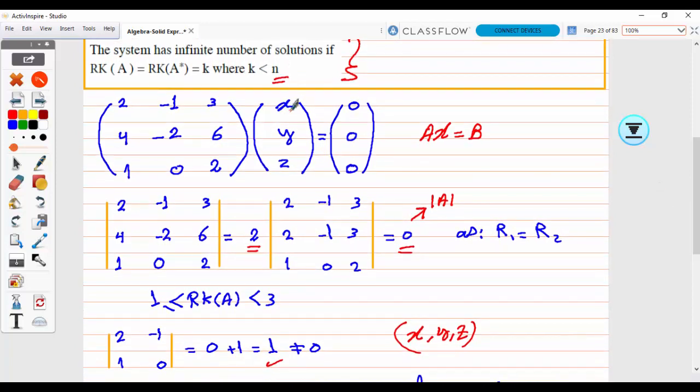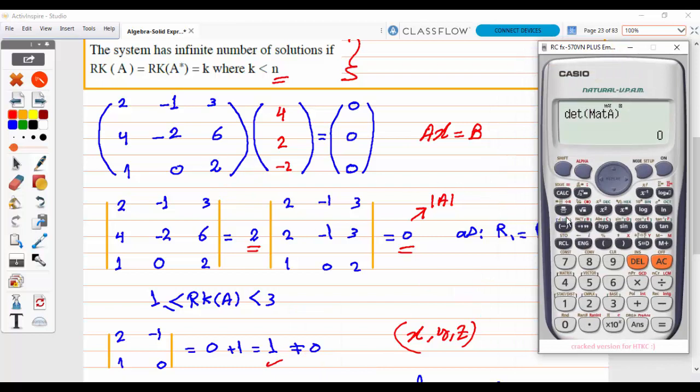Instead of x, y, and z, we write 4, 2, and negative 2, and we multiply A by the matrix. We should get the zero matrix, 0, 0, 0. And we can use the calculator.